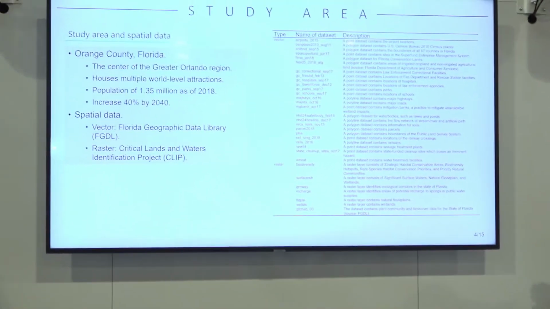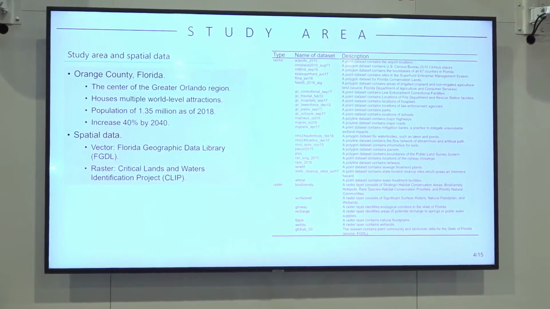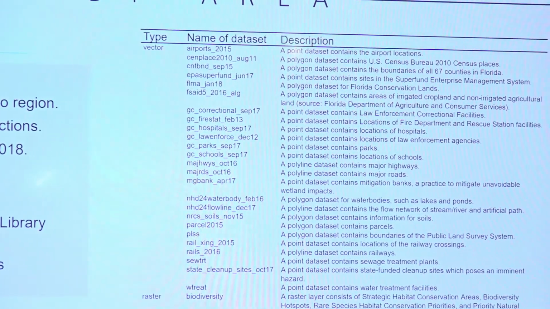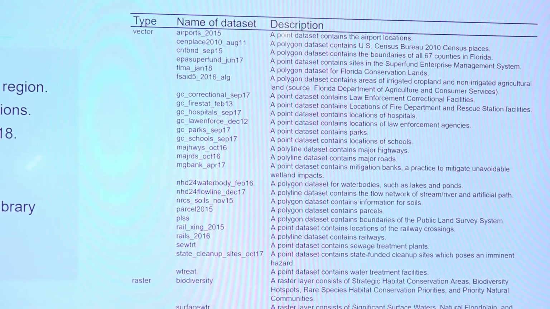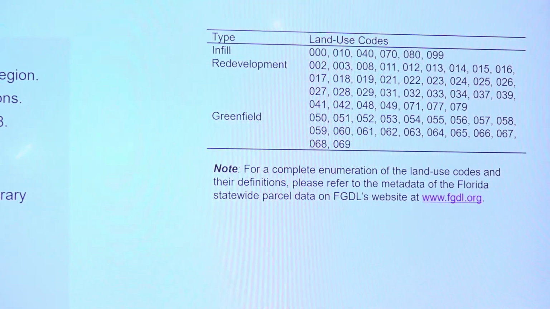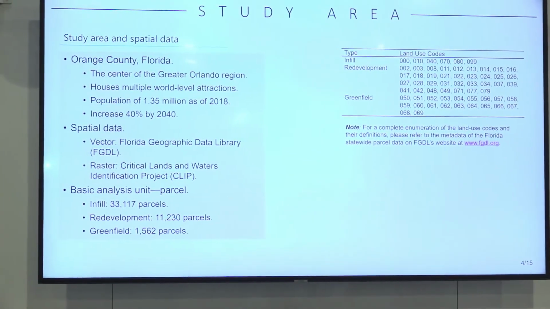One of the things that you have to look at is, where do we get our data? So we collect all kinds of data from the state, from the city, and we gather all of this. That will be used to inform our decision. In the end, we basically divide up the entire county into little parcels.